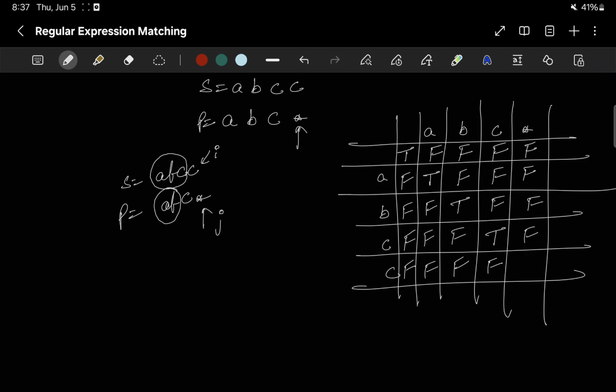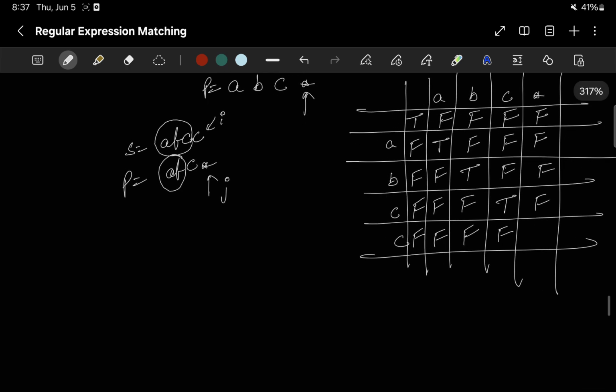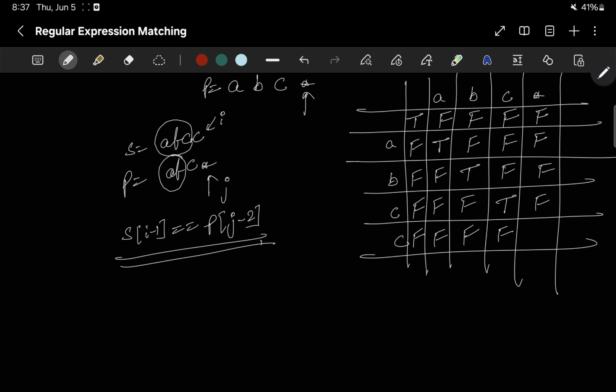Actually there are two conditions which come here. If S of I minus 1 is equal to P of j minus 2, wherever the j is, j minus 2, right? Or if dp of I minus 1 j is true.